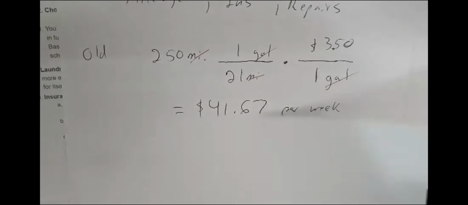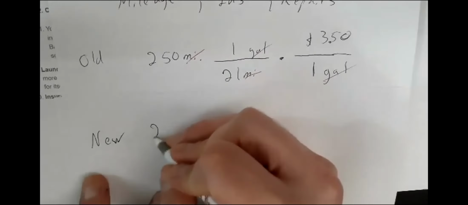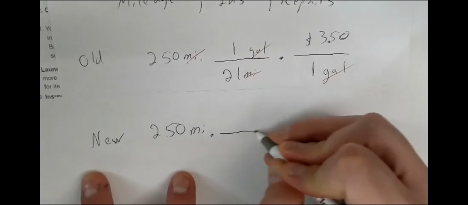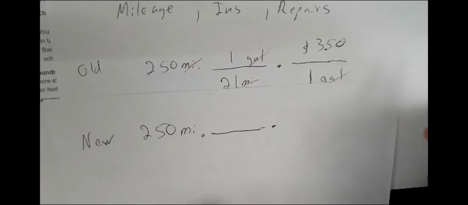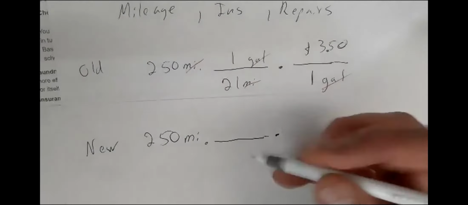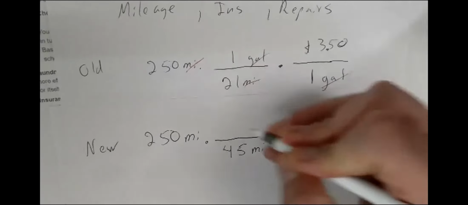So same thing, we want to figure out mileage on the new car. If we look at how we did our mileage on the old car, the new car should be really similar. We're still going to drive the 250 miles. Now my mileage is what? The new car, I think, gets 45 miles per gallon. So instead of the 21, I should have 45 miles per gallon.